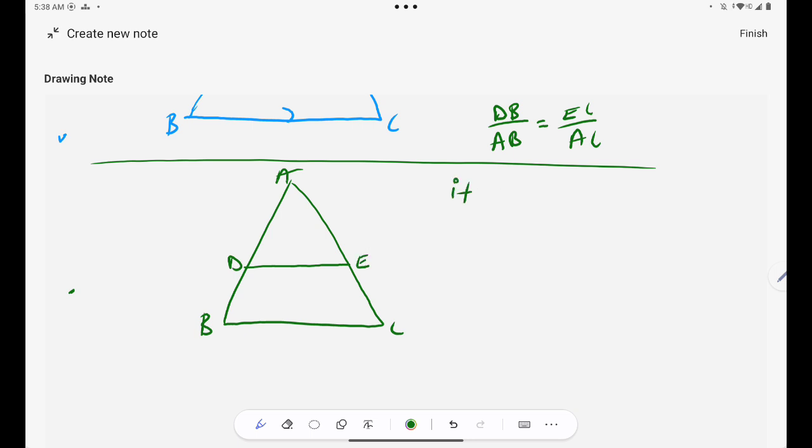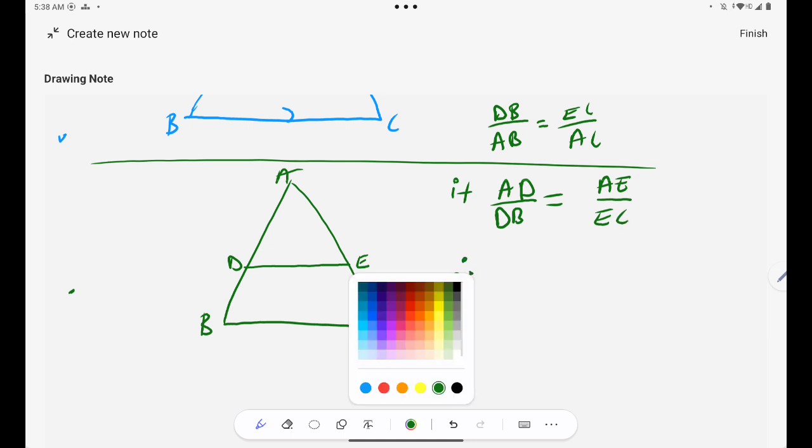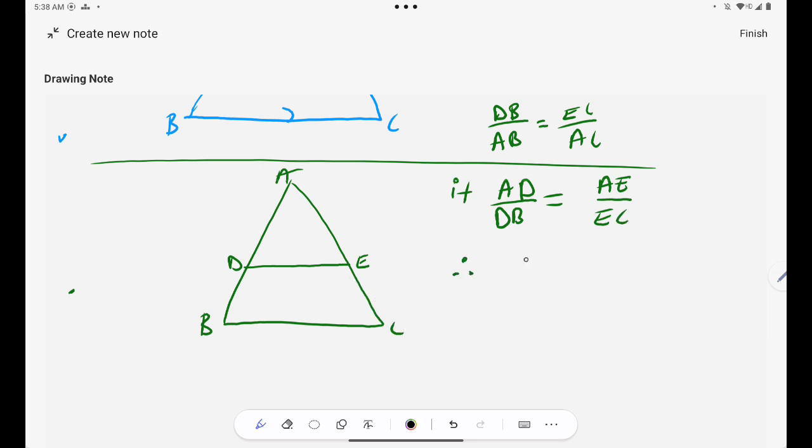If you know that the ratio of AD over DB is the same as AE over EC, your conclusion should be then line DE is parallel to BC. Are you together?